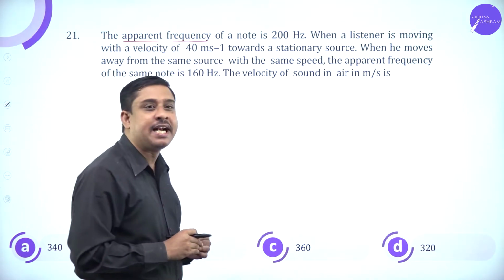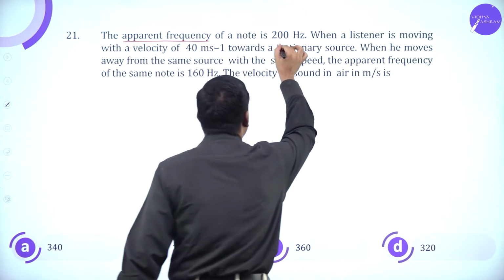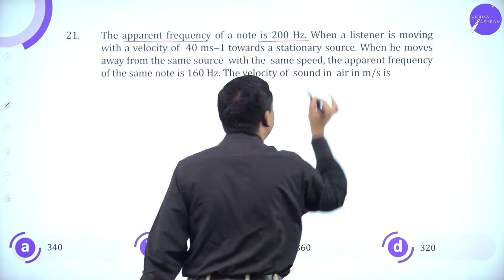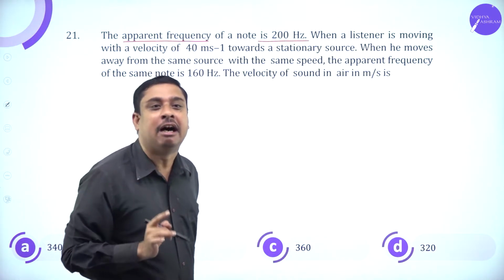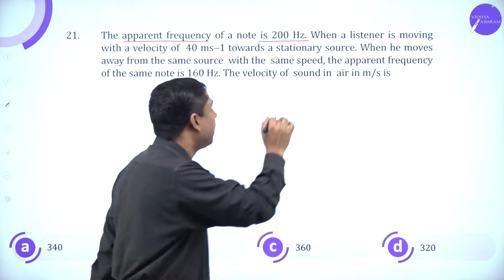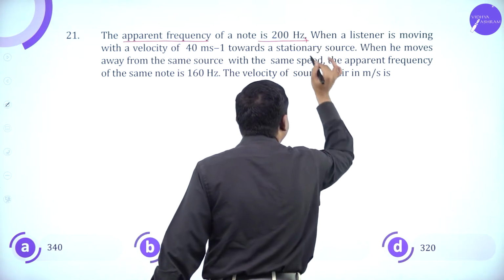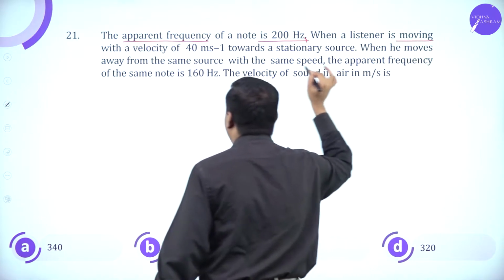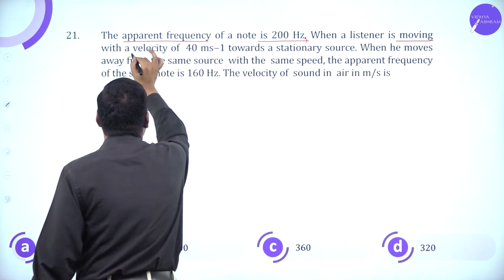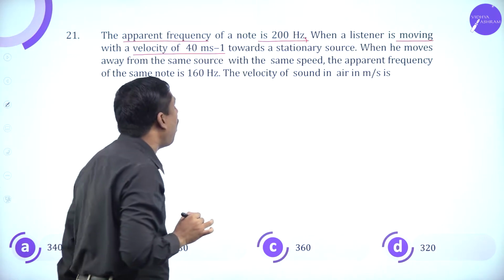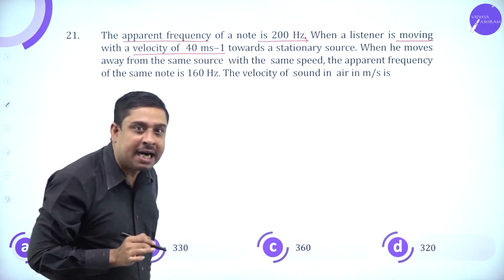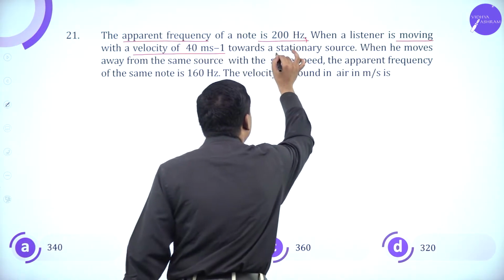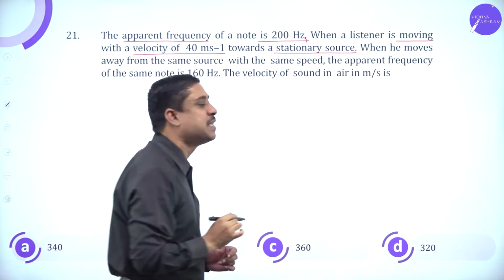The apparent frequency of a note is 200 hertz. ಯಾವಾಗ? When a listener is moving with a velocity of 40 meters per second towards a stationary source.